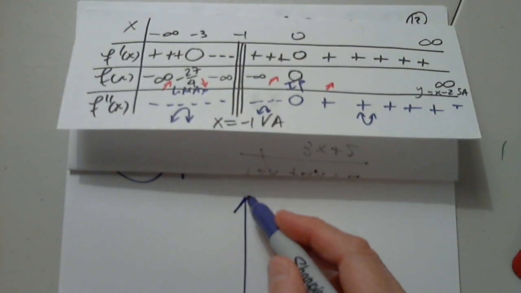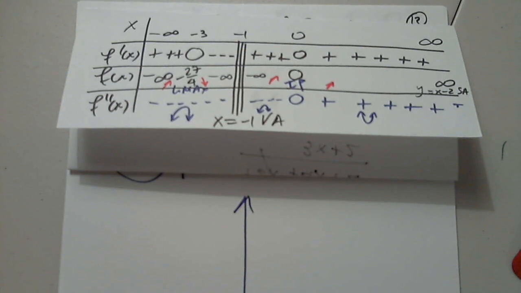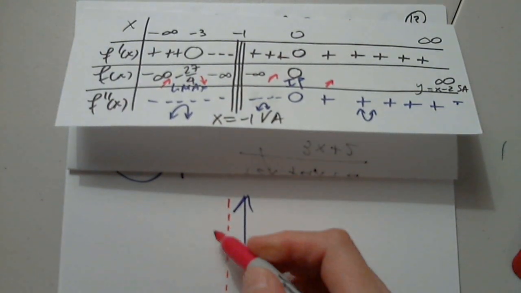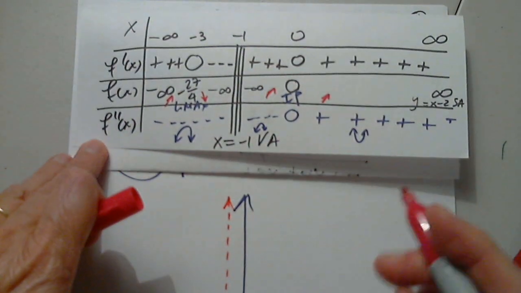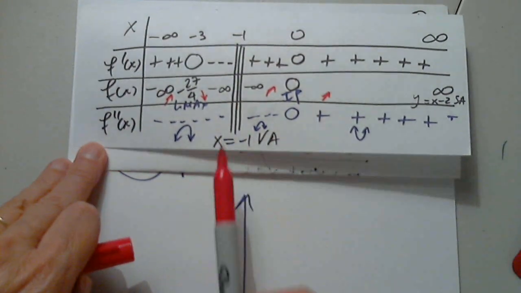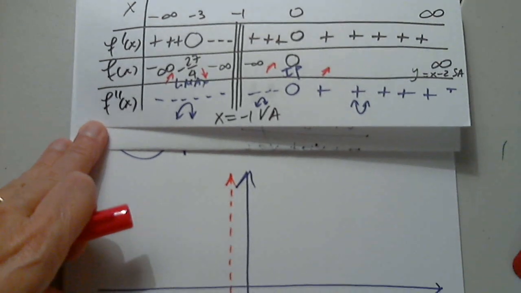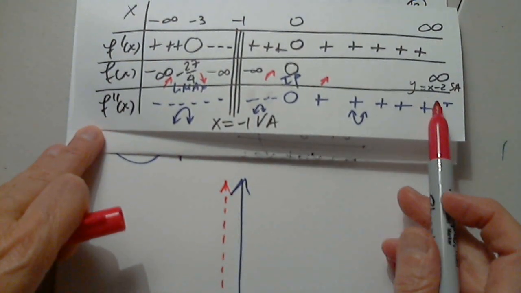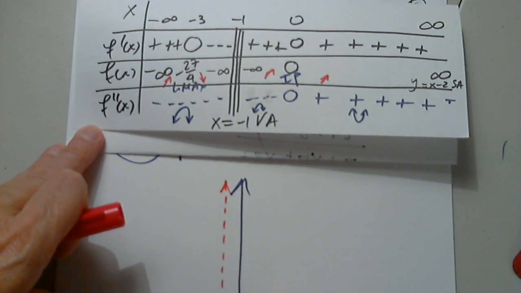That is absolutely mandatory. So we have x equals -1, and the function is not symmetric. I should have mentioned that. It cannot be symmetric with a slant asymptote like this and a vertical asymptote x equals -1. So now I have to graph this. When x is 0, y is -2.